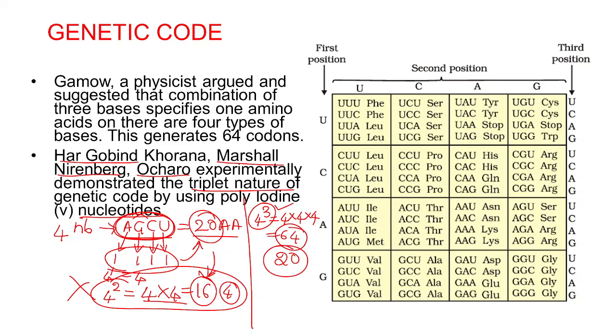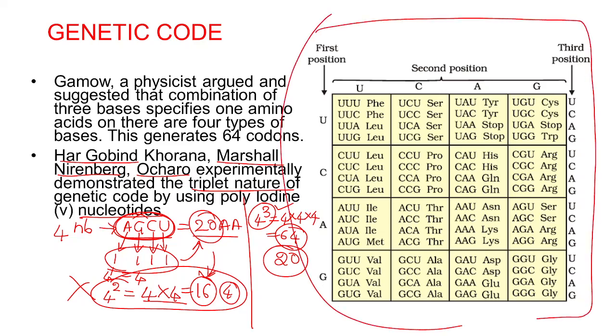And in this particular box, you can see how exactly the combinations of triplets will be, and which triplet codons will code for which amino acids. See here, the first one, U U U, the combination of 3 U, will code for the amino acid phenylalanine.